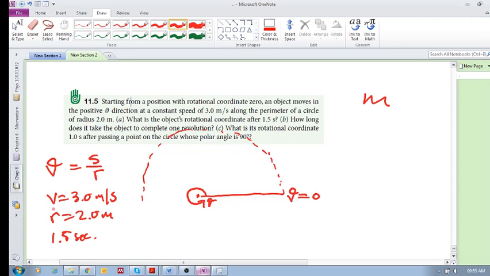Now, when we talk about the velocity, remember we're talking about the velocity of the object that's always tangent to the curve. So at any point, you draw a dot and you draw a tangent line and an arrow. That is referring to the velocity. Remember that it's changing the whole time.